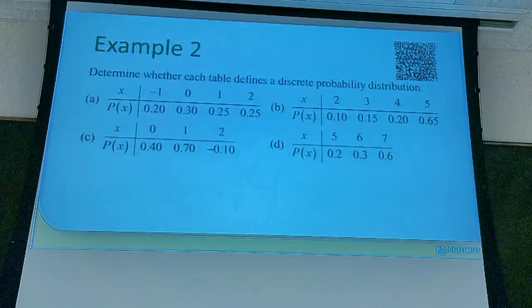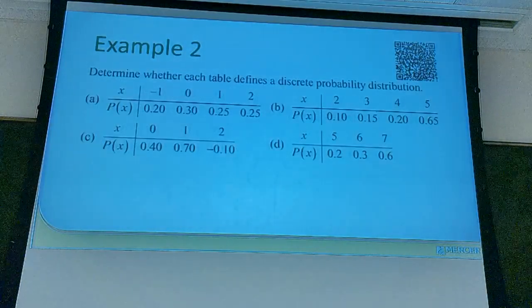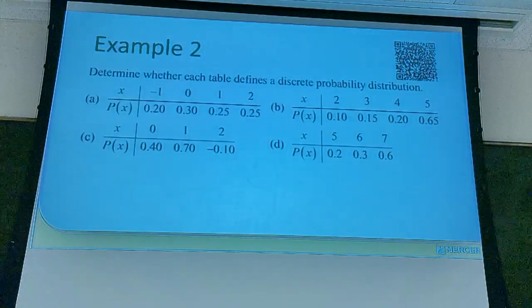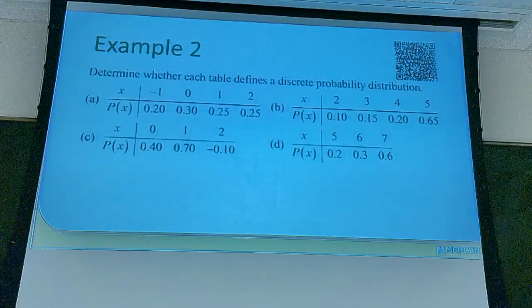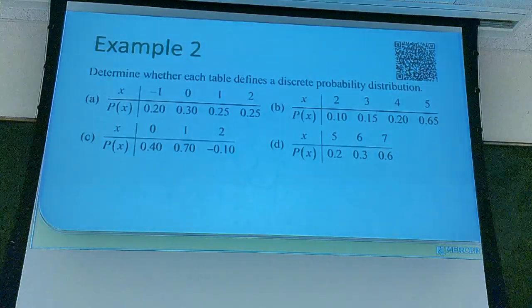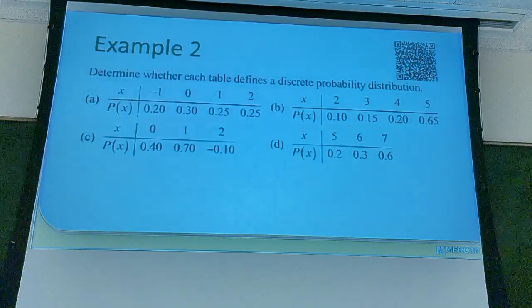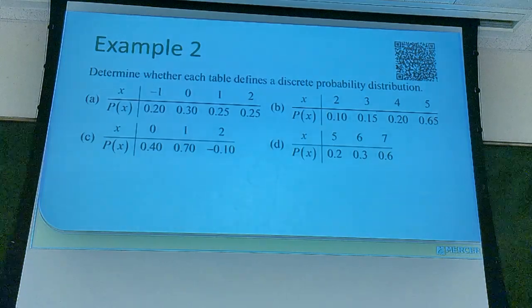That was pretty straightforward. So we're given 4 tables, and we want to determine whether each one defines a probability distribution or not, specifically a discrete probability distribution.